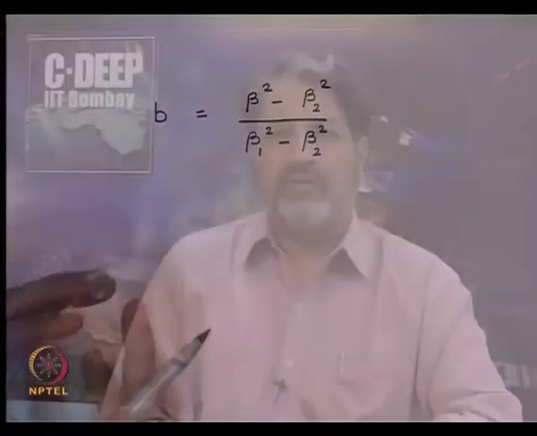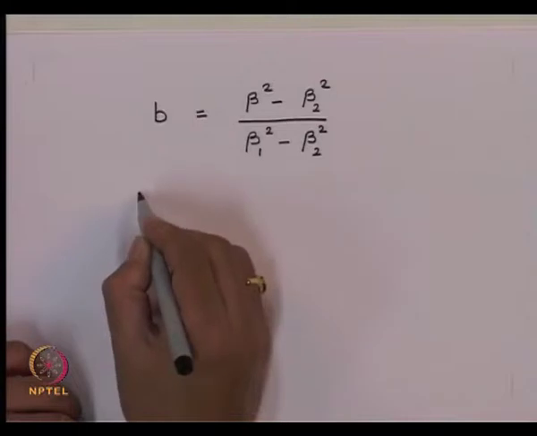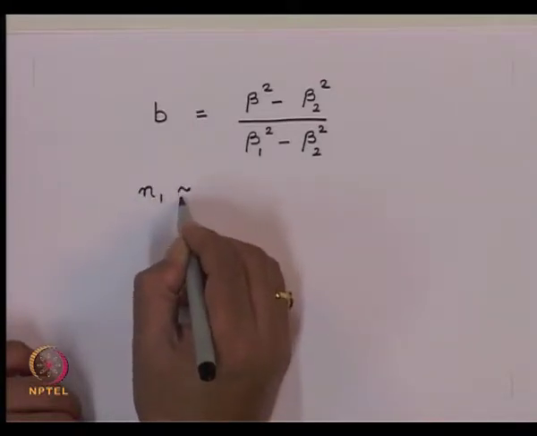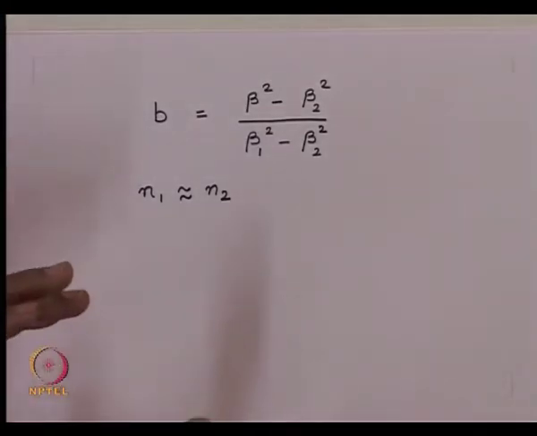Now recall that we also have in practice optical fibers for which the refractive indices N1 and N2 are very close to each other. That means for a practical fiber, what we call a weakly guiding fiber, we have seen that N1 is approximately equal to N2, because the difference between them is typically of the order of about 10 to the power minus 3.